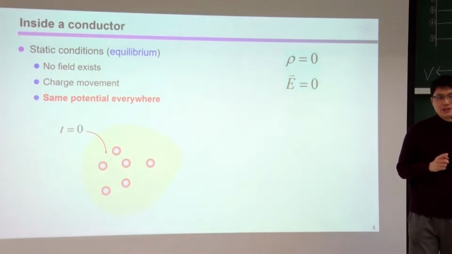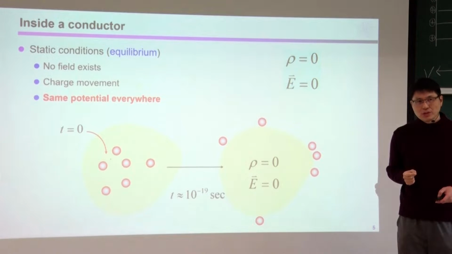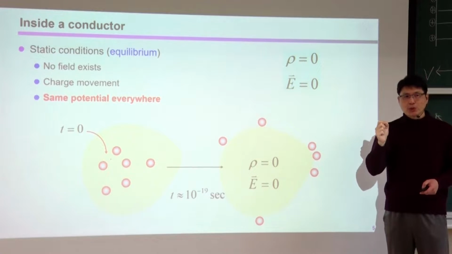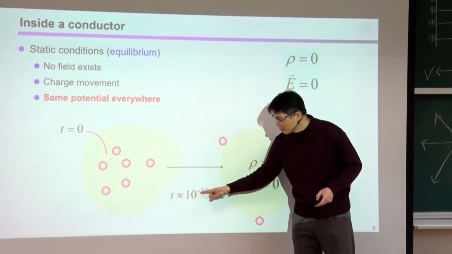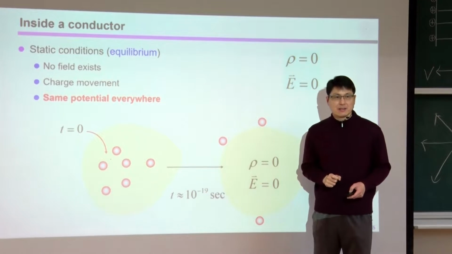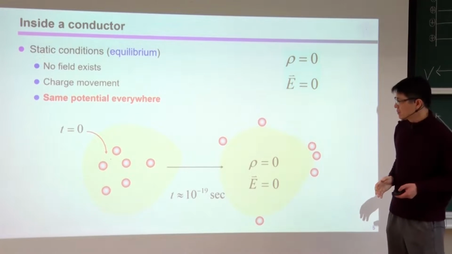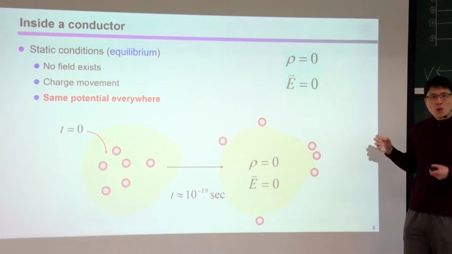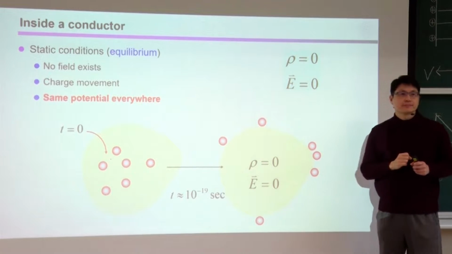What I can tell you is, within a split second, much shorter than the blink of your eyes, roughly 10 to the minus 19 second, that means zeptoseconds, 100 zeptoseconds, all the charges will be forced to the surface.